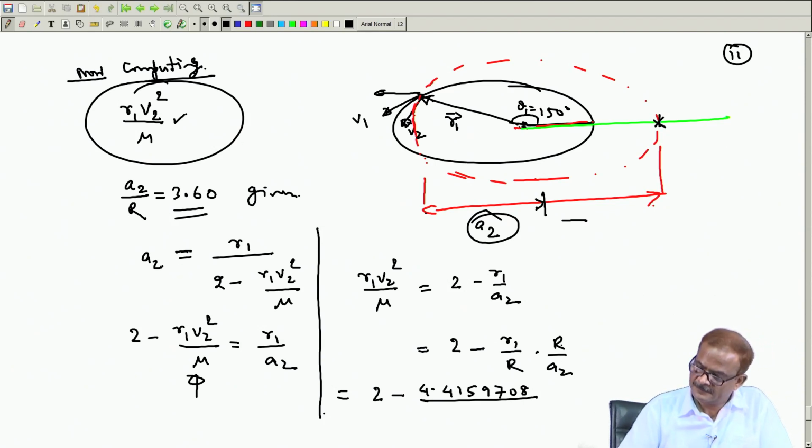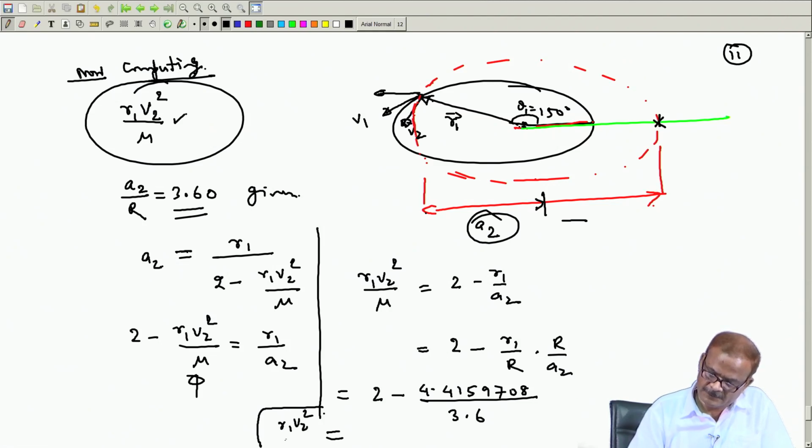So, bring it in the denominator. So, this becomes 3.6, and finally this yields you a value, so R 1 V 2 square divided by mu gets reduced to 0.77333414.